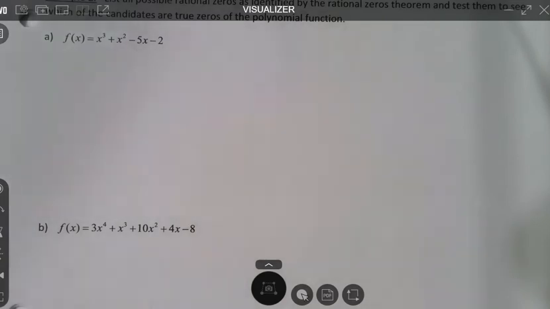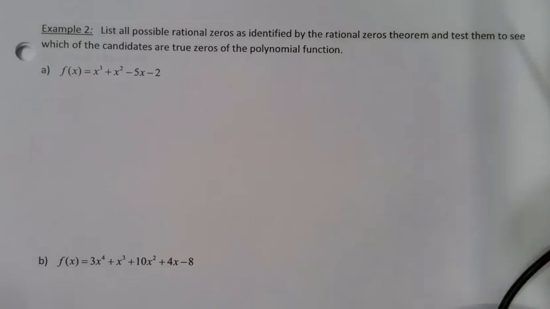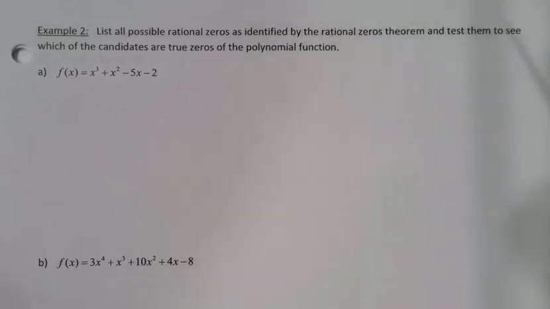All right, so here are a couple of polynomials. We're going to look at one cubic and one quartic polynomial, and our goal is going to be to list all possible rational zeros, and then we'll test them to see which ones actually work, which are truly zeros of our polynomial function.